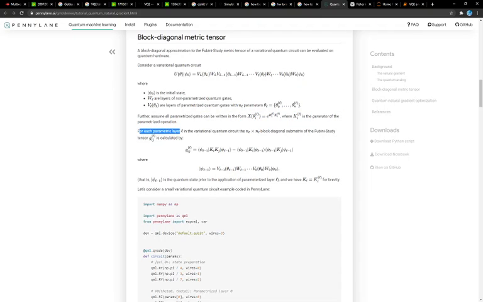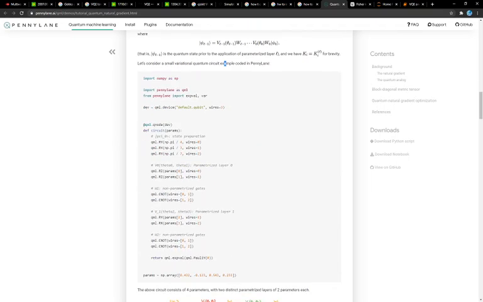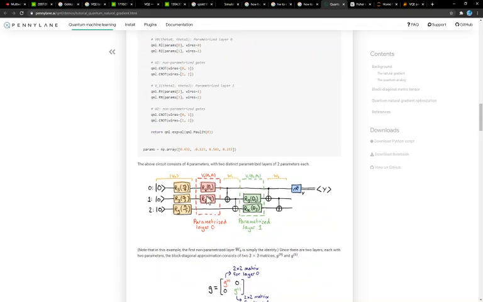For each parametric layer L in the variational quantum circuit, the NL times NL block diagonal sub-matrix of the Fubini-Study tensor is calculated by. So are those blocks, basically the non-parameterized blocks, actually already doing the optimization?